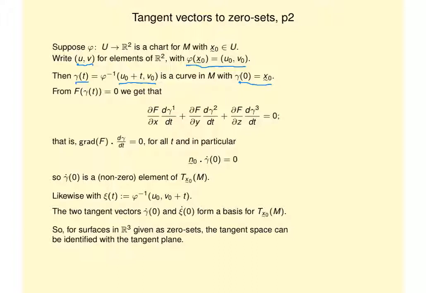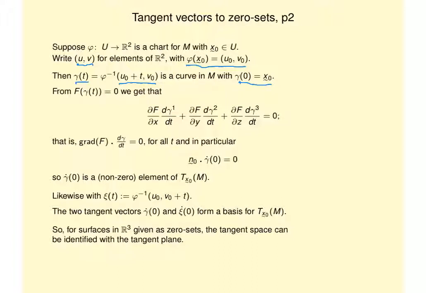Of course, this is exactly what we did, looking at a basis for the tangent space to an abstract manifold induced by a coordinate system around a point. I'm doing it again in this concrete situation of a surface in R3.